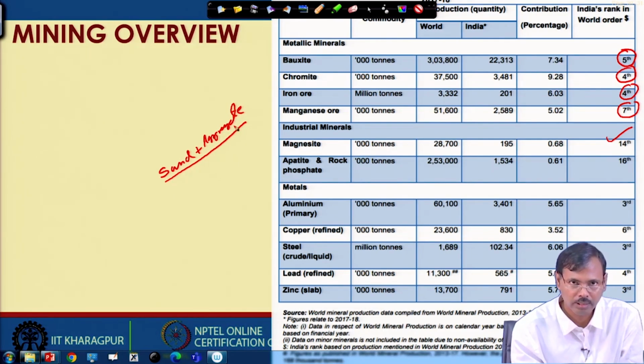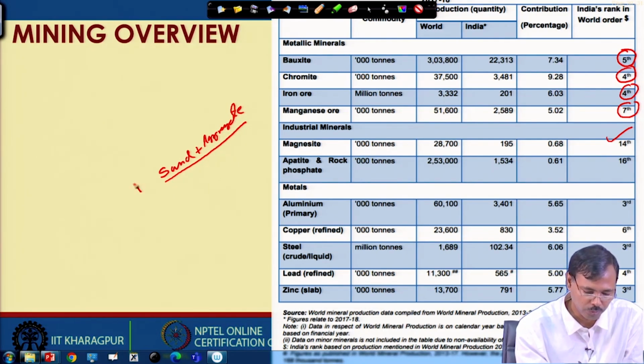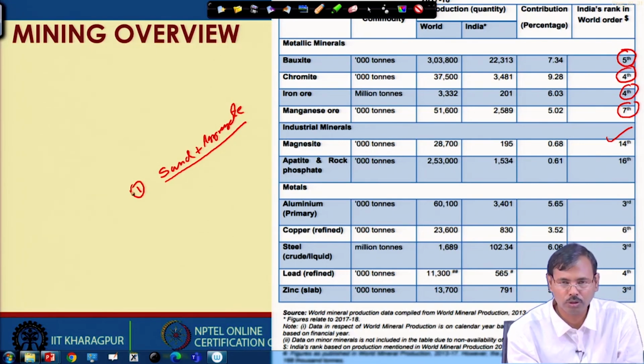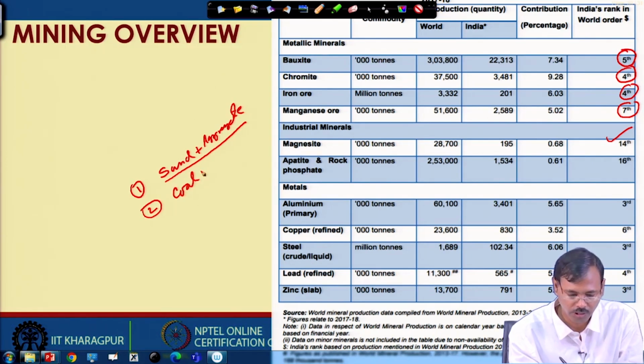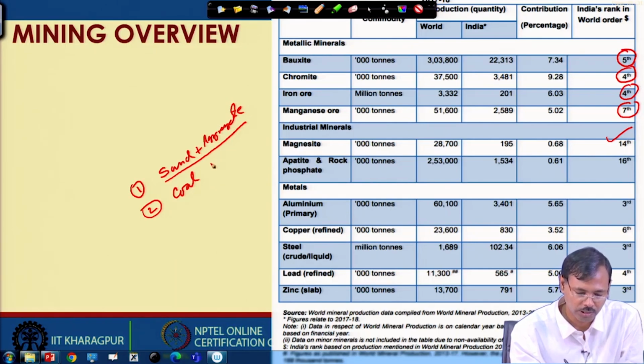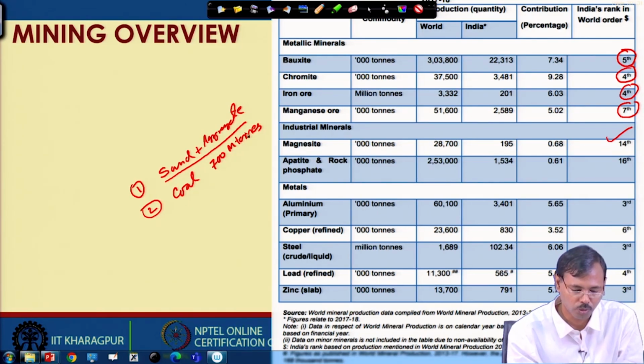Sand and aggregate are ranked first production-wise, more than 1 billion tons produced every year. The next mineral produced is coal, which is a fuel mineral. Approximately 700 million tons of coal is being produced.